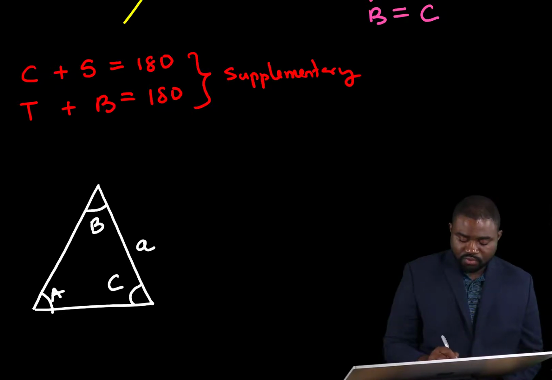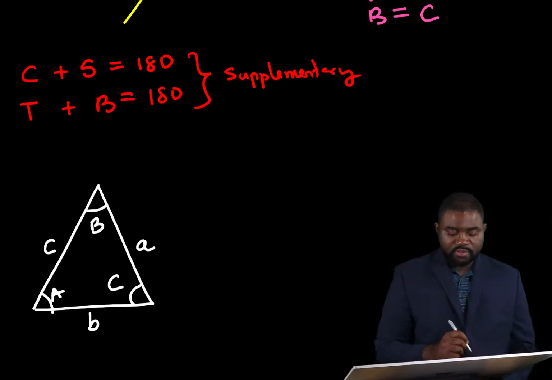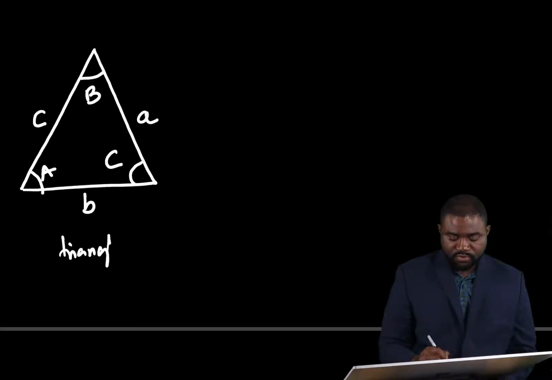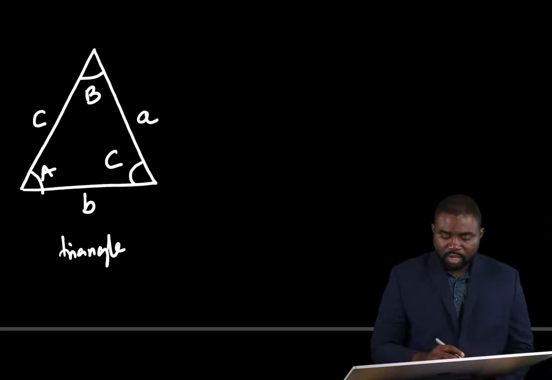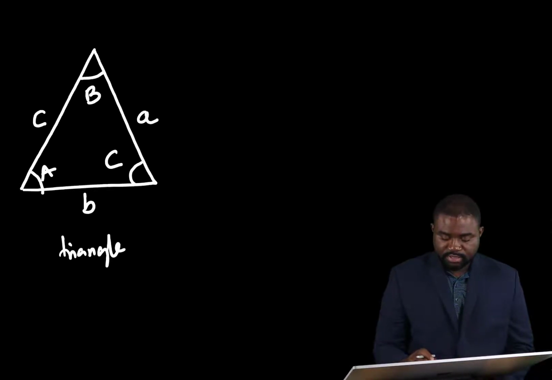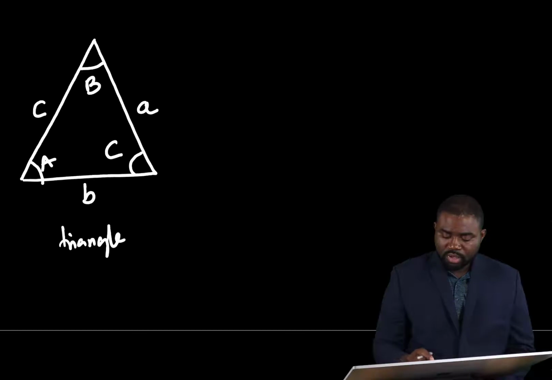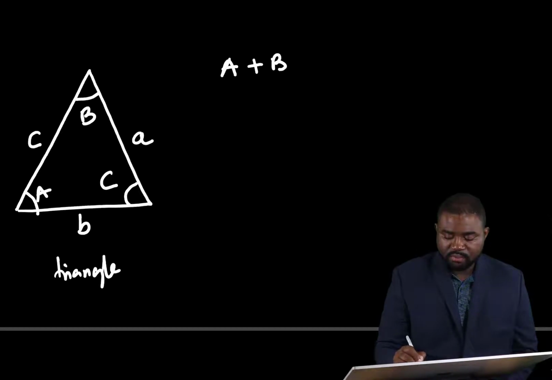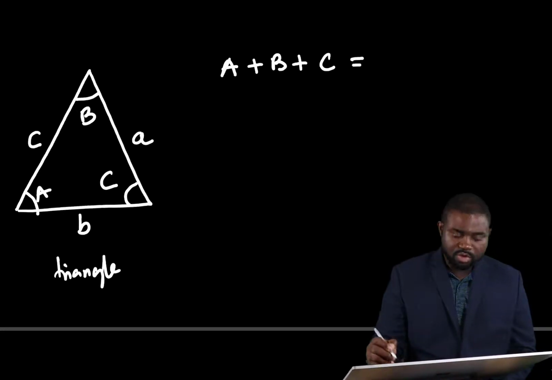The side opposite to B, I will label it small b. And the side opposite to C, I will label it small c. This is what I call a triangle. A triangle has 3 sides. A rectangle has 4 sides. What you need to take note of is that A plus B plus C all sum up to give us 180 degrees.